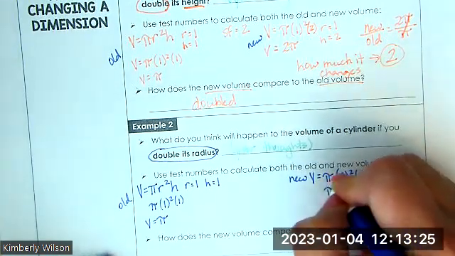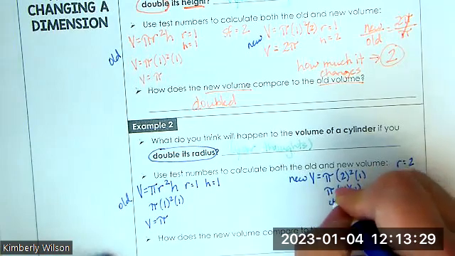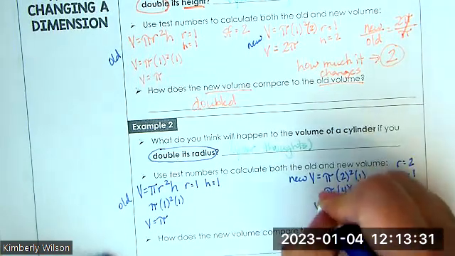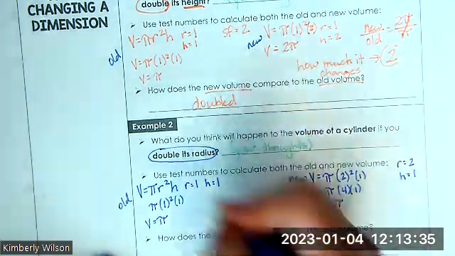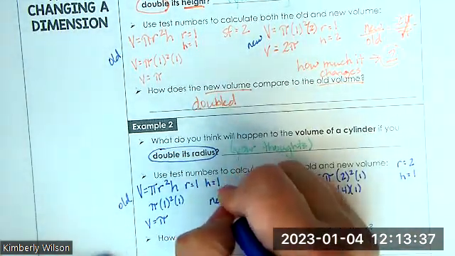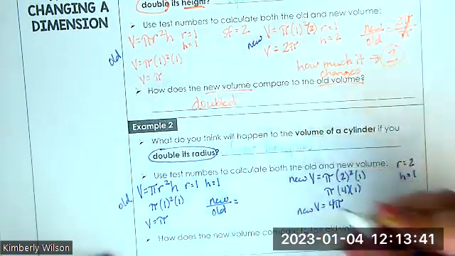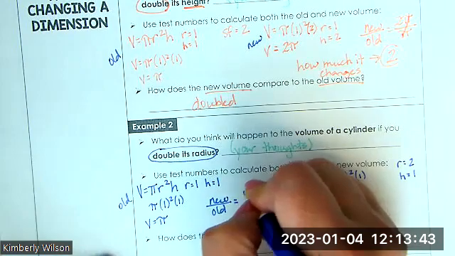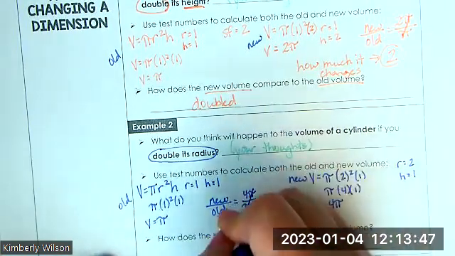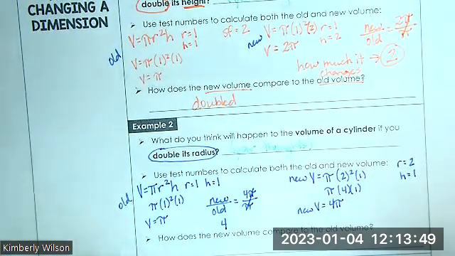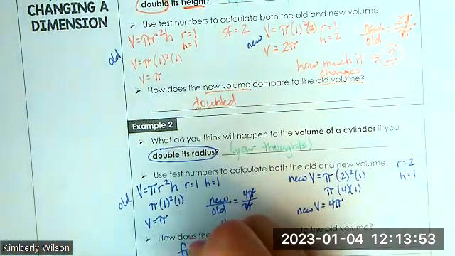That's pi times 4 times 1, so 4 pi is my new volume. When I do my calculation of new over old, I get 4 pi over pi. The pi's cancel, and I'm left with 4.